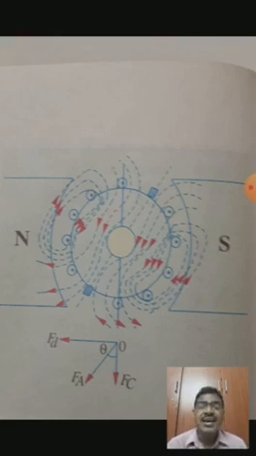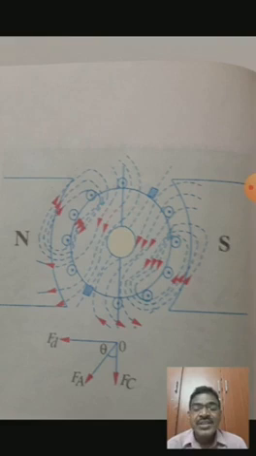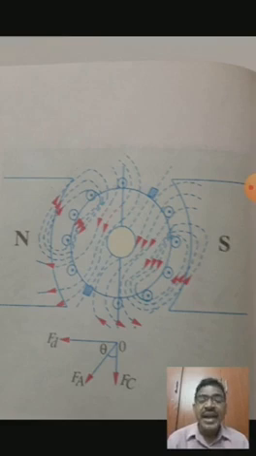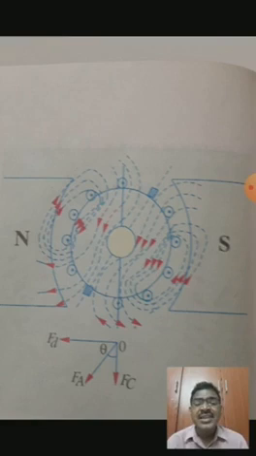Now the fluxes are crowded in the trailing pole tips, and it is not crowded in the leading pole tips. Here this armature MMF FA is divided into two components. One is FD and another one is FC. Here FD is called the demagnetizing component, and FC is called the cross magnetizing component.